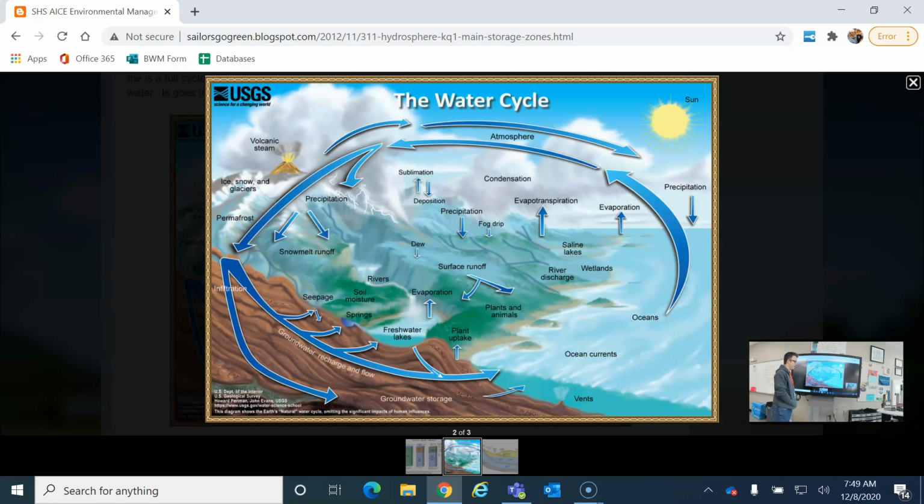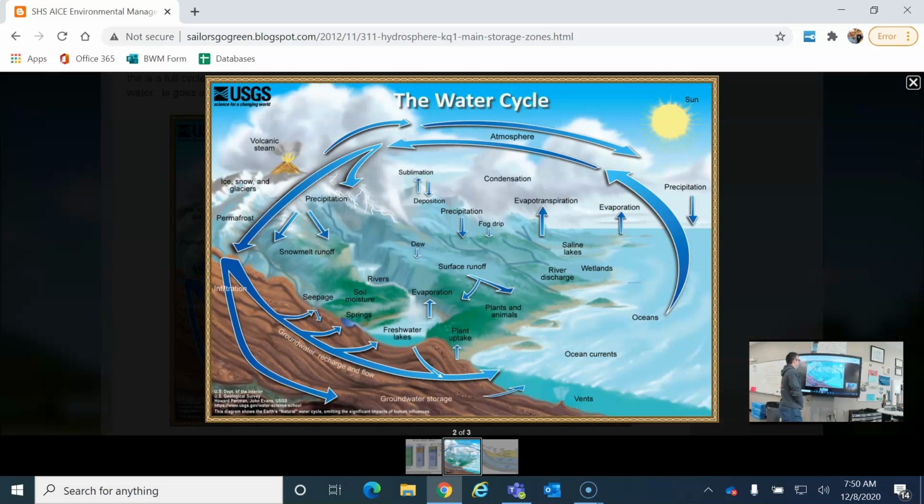But the nice thing about it is it's a much quicker process than, of course, something like coal generation, where it takes millions of years, or sorry, hundreds of thousands of years, to get it to the state that we can use for energy. But when you look at the water cycle, it happens fairly quickly, but it doesn't matter. If you take it out faster than it's recharged, you will dry it up.